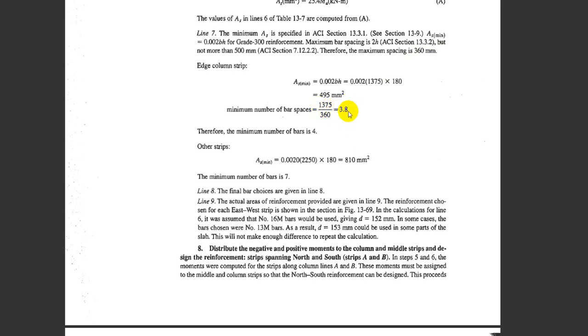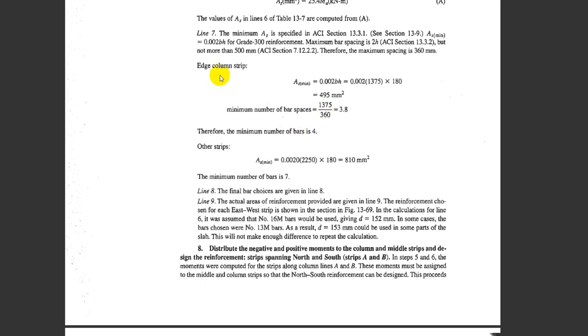You need at least 4. But when you calculate the rebar area by the minimum rebar ratio formula, you need 3. Right? So you should stick to these options, which is 4. So the number of rebar for minimum is 4.